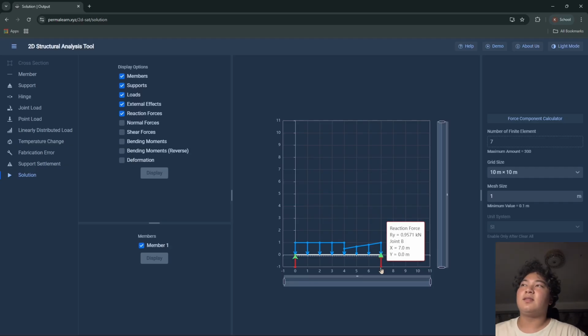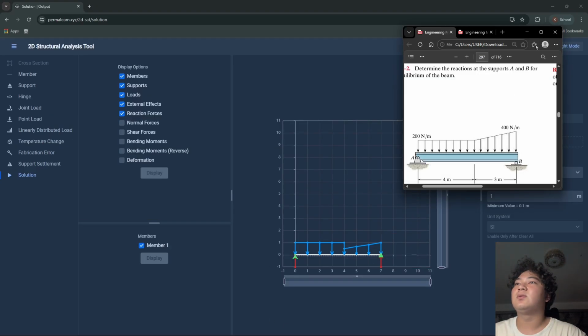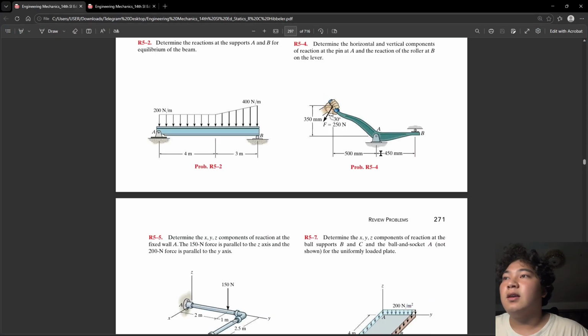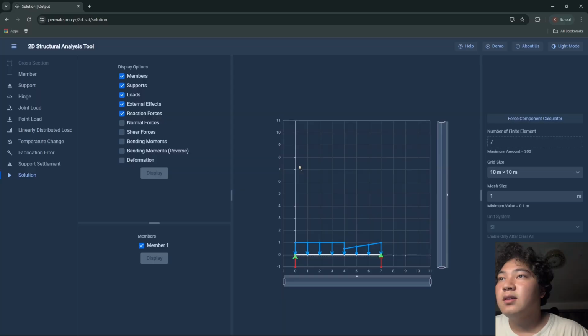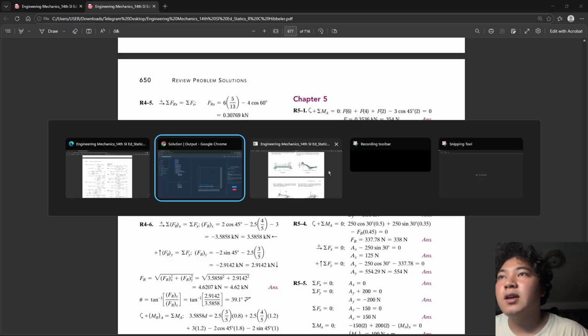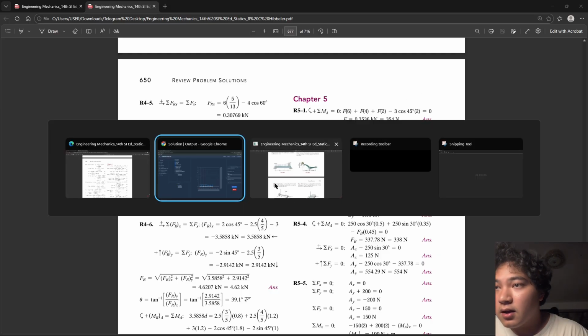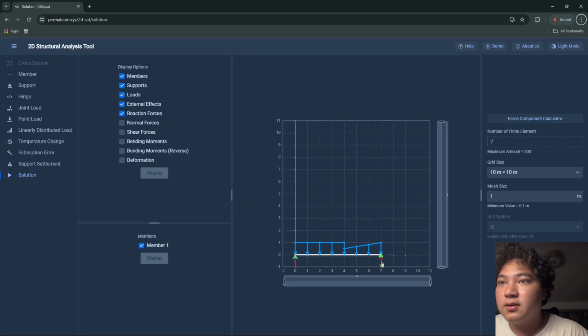If you don't think this is correct, we can always check back into the solution manual. Here, for NB, they got 957 Newton, which is 0.957 kilonewton.